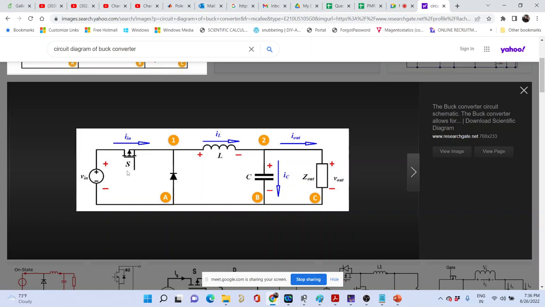I have told you the gate is at 10 volt and this point 1 is at 5 volt. What is VGS, gate to source? 5 volt, right? VG minus VS, correct. So it is 10 volt and 5 volt.